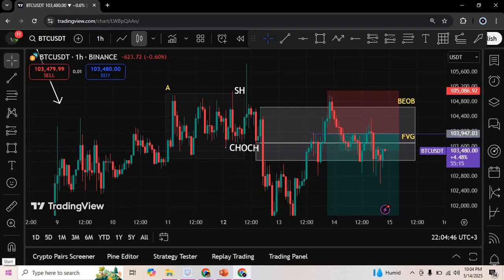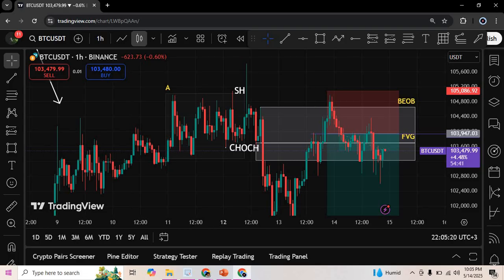What is the name that we called a combination of a stop hand and a change of character? Someone. A combination of a stop and a change of character. Levy. Quasimodo, yes. Yes, a Quasimodo pattern. But if these terms are too difficult, it's okay, identify these things on the chart.